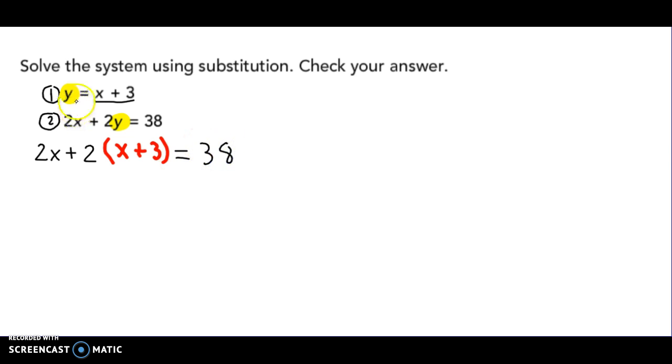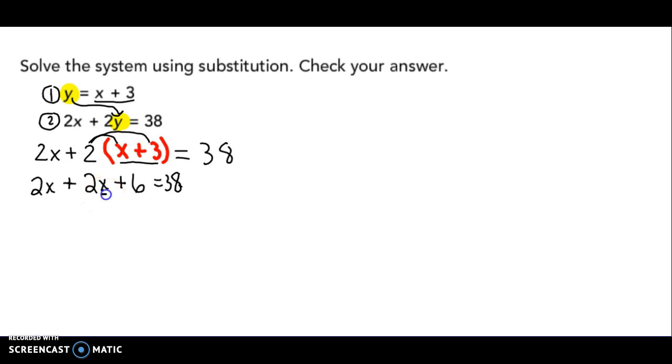So all I did was take everything in y, what y equals, and plug it into my equation here. So it's just a substitution method. Now I can do some math. So I have 2x plus, remember distributive property, 2 times x gives me 2x, and then 2 times positive 3 gives me a positive 6 equals 38.